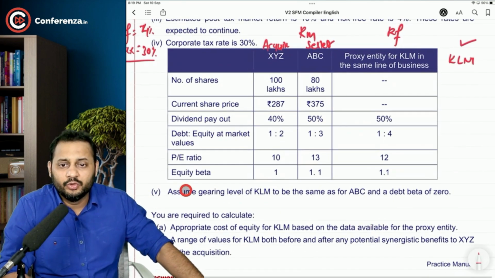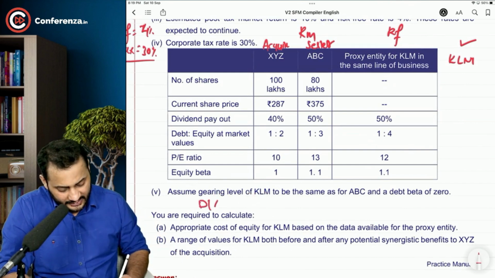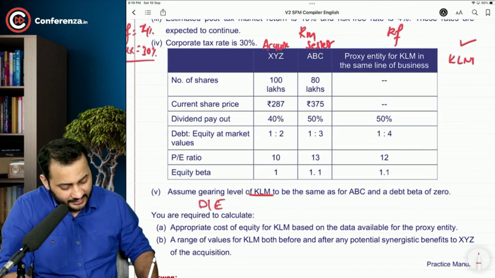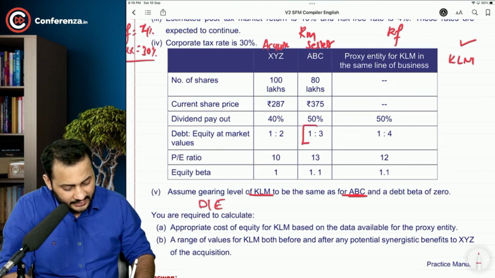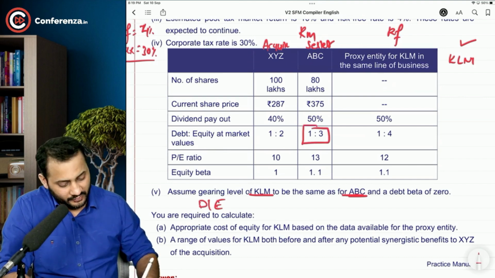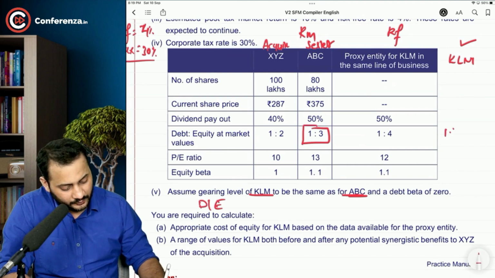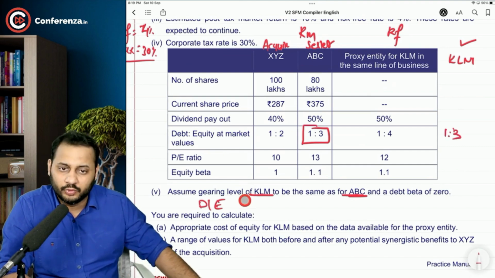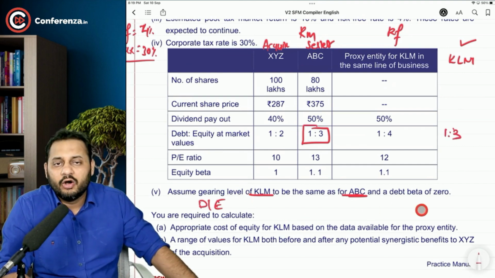Now, assume gearing level of KLM. Gearing means the debt equity ratio of KLM to be same as of ABC. What is the gearing level of ABC? 1:3. So it will be same as of KLM. Let me write down 1:3. Okay, sir. And the debt beta of 0.